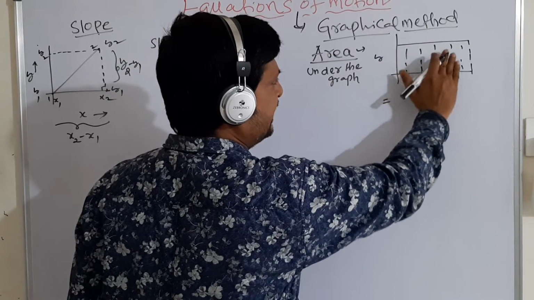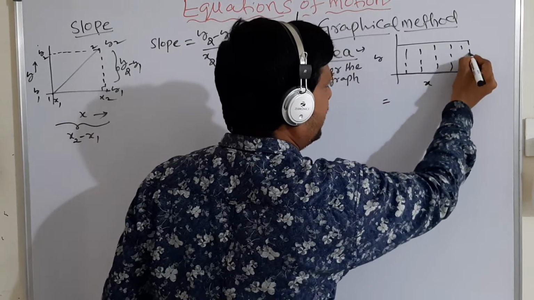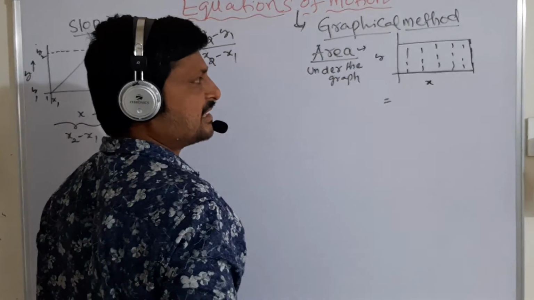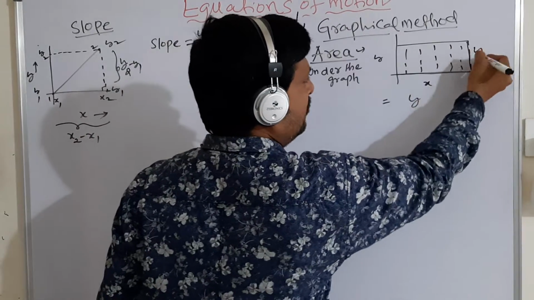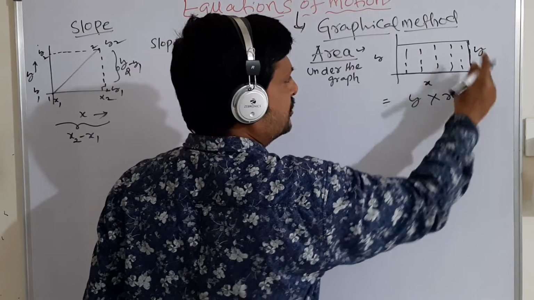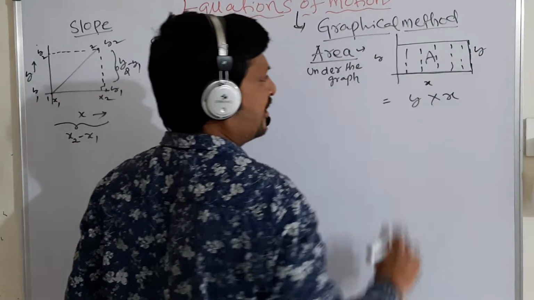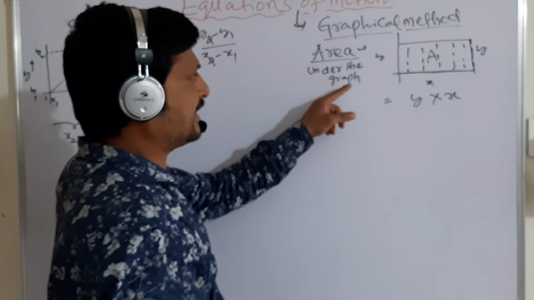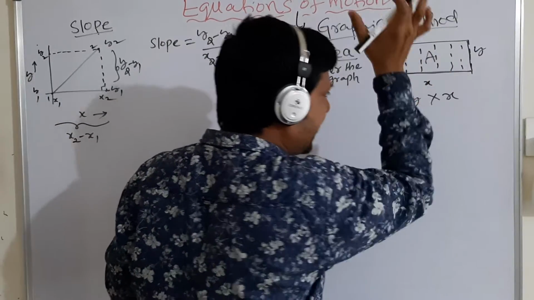This area is nothing but this side multiplied by this side. That means this side how much y, this side how much x. So this length by this length gives area under the graph. So area under the graph is nothing but multiplication of y-axis with x-axis.